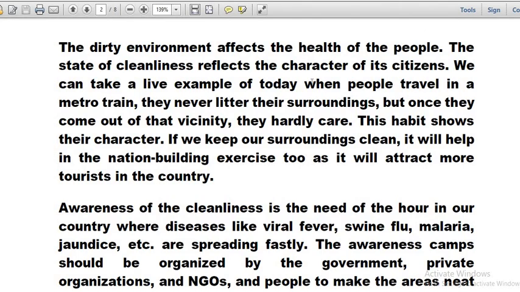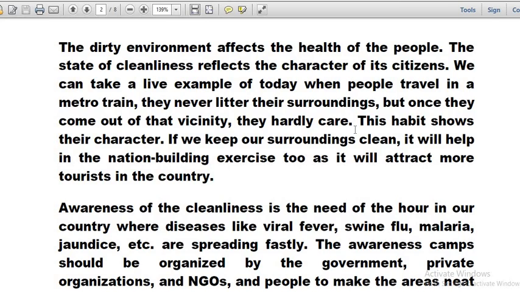We can take a live example of today when people travel in a metro train. I guess you all have seen people traveling in a metro train. They never litter their surroundings, but once they come out of that vicinity, they hardly care. While people travel in a metro train, they are very cautious about their cleanliness.